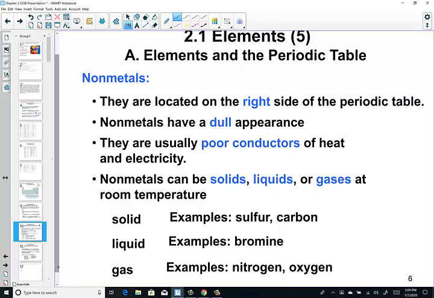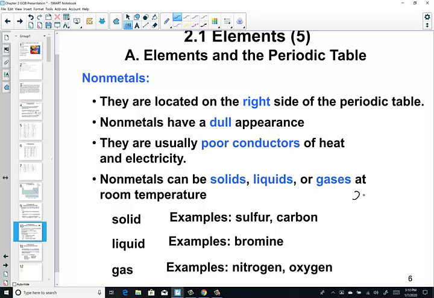So, for example, elements that are nonmetals in the solid form at room temperature include both sulfur and carbon. Elements in the nonmetal form that are liquids at room temperature include bromine. And some gases, multiple examples here, but I chose to write nitrogen and oxygen, but there are many other gases as well.